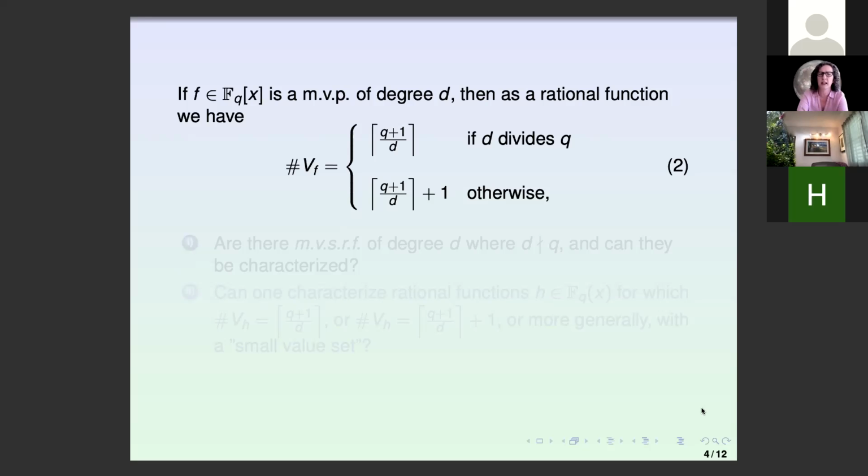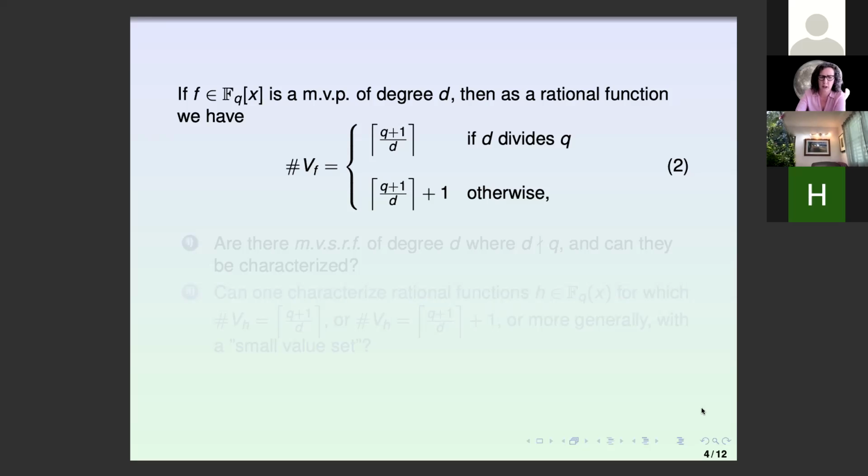For example, if f is a minimal value set polynomial of degree d, then as a rational function the size of its value set is (q+1) over d if d divides q, and (q+1) over d plus 1 otherwise. It means that in the case that d divides q, your polynomial seen as a rational function is again a minimal value set rational function. And in the other cases, it is not a minimal value set rational function.